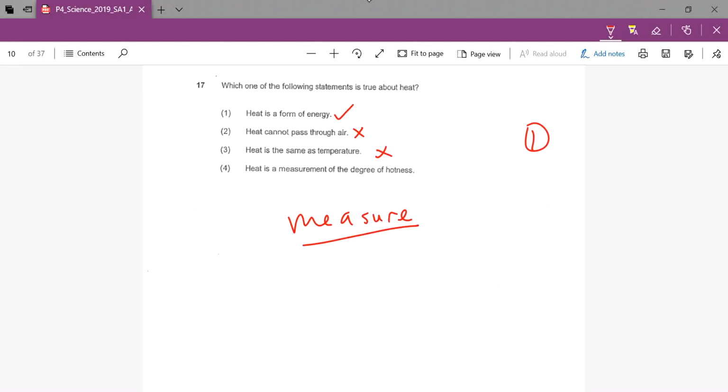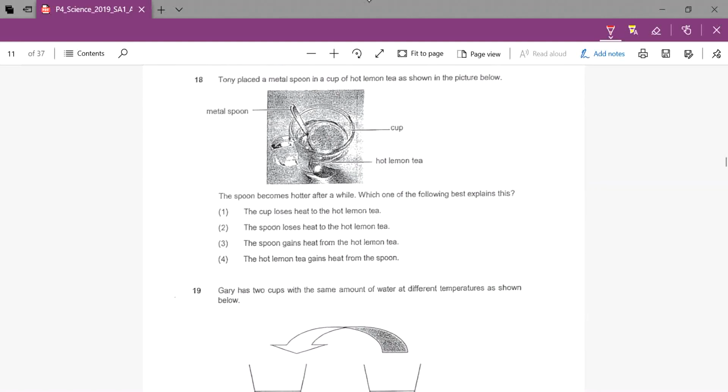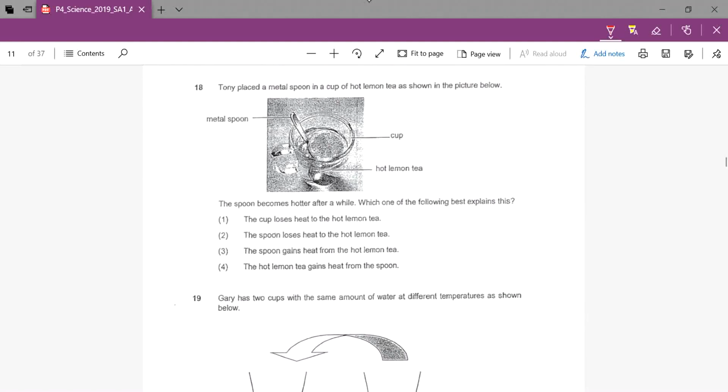Heat is a form of energy. Heat is a measurement of the degree of hotness. Okay, this is wrong, because measurement of degree of hotness is for temperature. Heat is a form of energy. Alright? Get that into your consciousness. Okay? Remember that. Question 18.